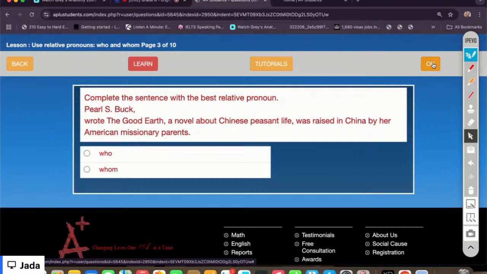So is it whom or who? So it will be who wrote The Good Earth.